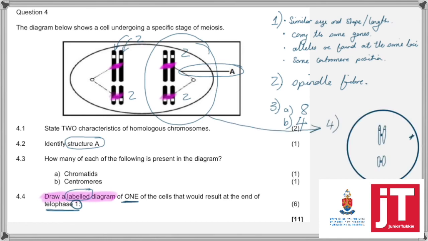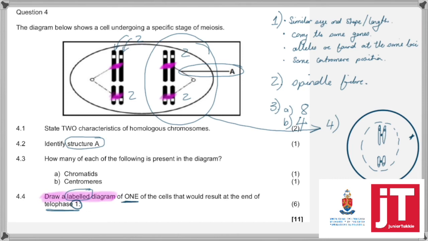I would draw it like this, because at the end of telophase 1, I'm going to have the reforming of the nucleus. I'm going to have my full chromosomes that still have 2 chromatids joined with a centromere, and this is what I see at the end of telophase 1.